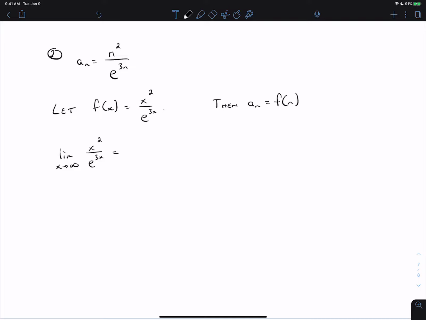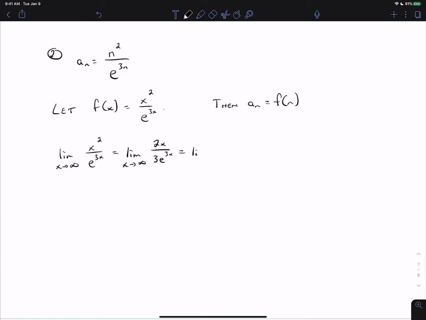That's infinity over infinity, which is an indeterminate form, so we can apply L'Hopital's rule. It's the limit as x goes to infinity of 2x over 3e to the 3x. The derivative of x squared is 2x. The derivative of e to the 3x is e to the 3x times 3 because of the chain rule, which can be simplified to 3e to the 3x.